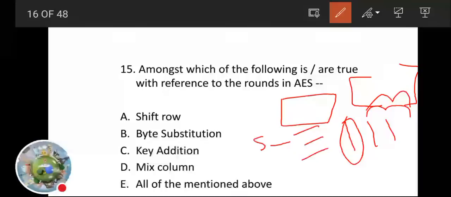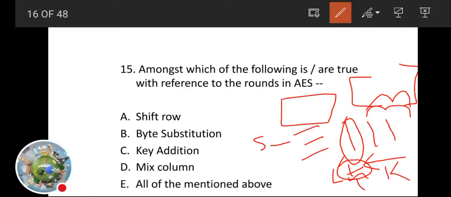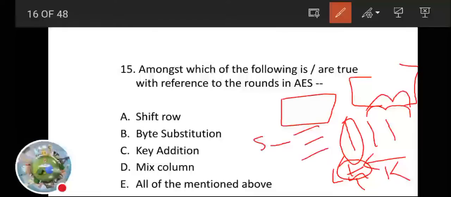Then it will do byte substitution, and at last we will add the key. So the 4 phases are required. Then the answer is all of the above.